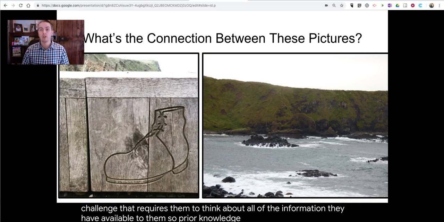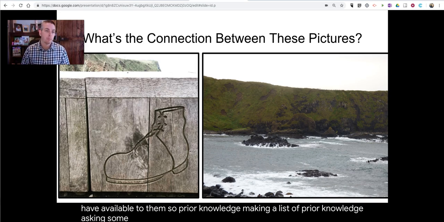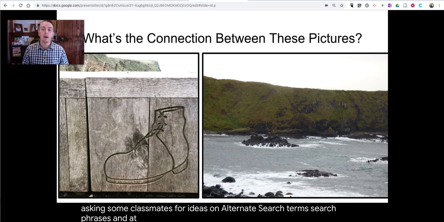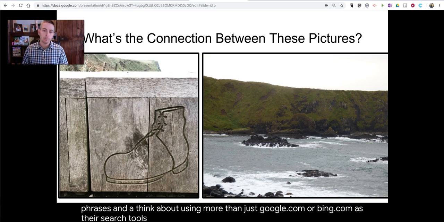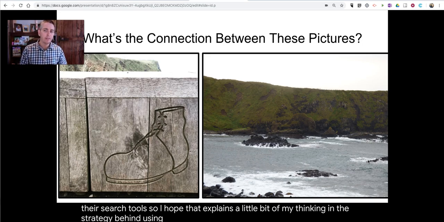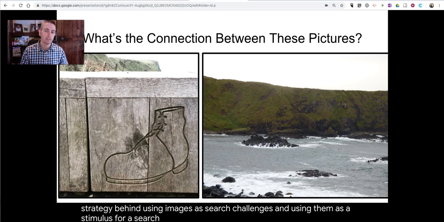So prior knowledge, making out a list of prior knowledge, asking some classmates for ideas on alternate search terms, search phrases, and to think about using more than just Google.com or Bing.com as their search tools. So I hope that explains a little bit of my thinking and the strategy behind using images as search challenges and using them as the stimulus for a search lesson.